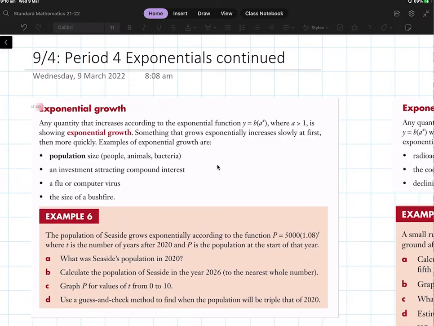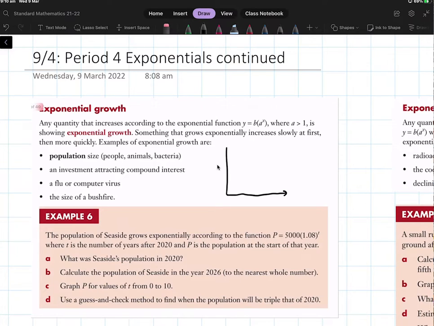Alright guys, so here for the second part of the double, continuing on with exponential graphs. Remember we talked about exponential growth previously, and if we were to quickly sketch it, it's something that is getting larger and larger and larger as time goes on.